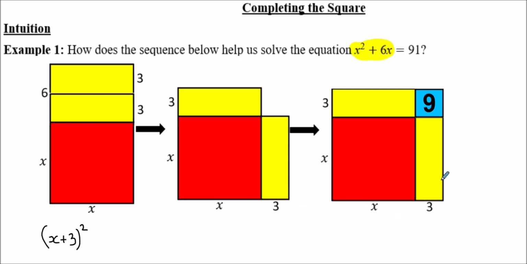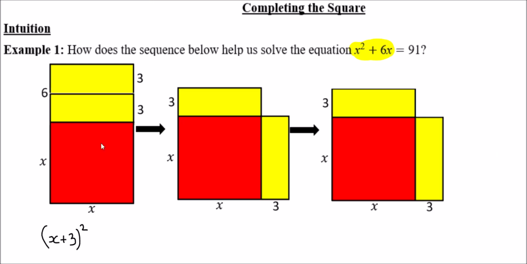X plus 3 squared is all of this. You might be thinking, why did you say almost? Well, this 9 isn't actually a part of the original expression. And so this is the complete square, but then we have to remember this 9 actually wasn't there. So what we have to do is take away that 9 and just get rid of it altogether.